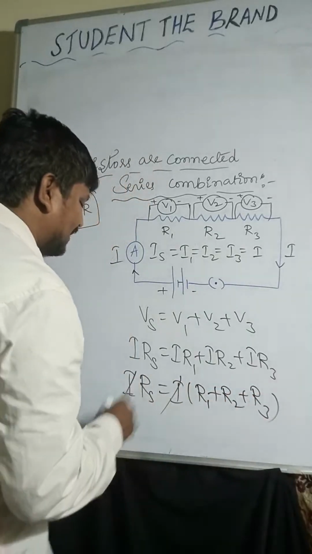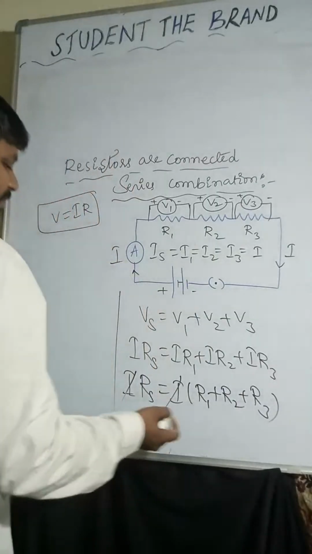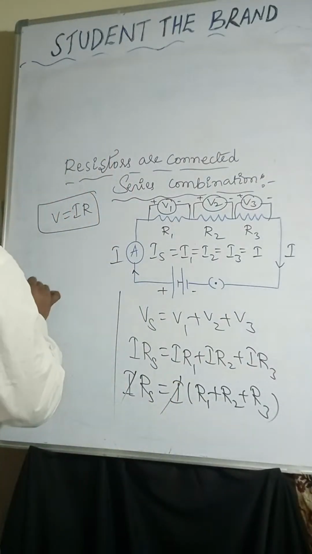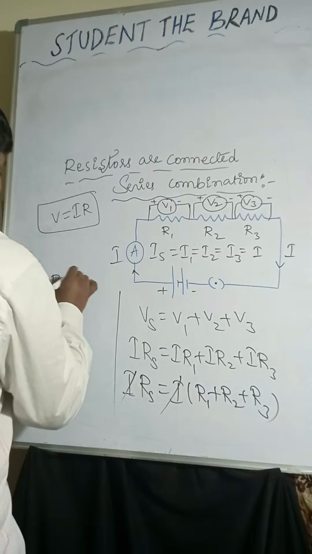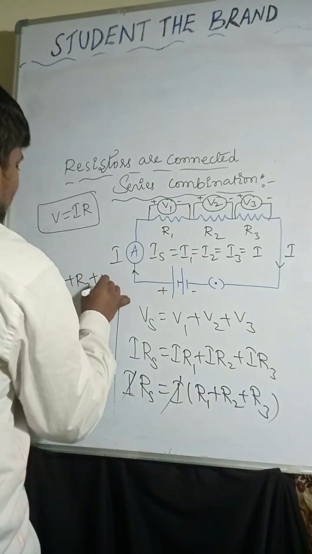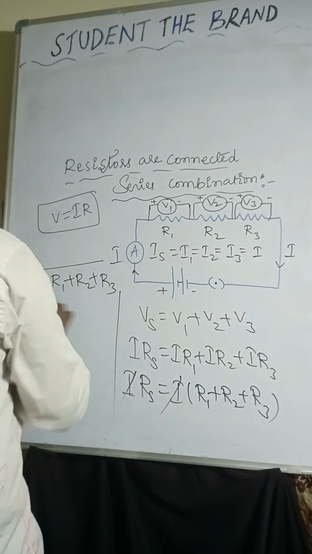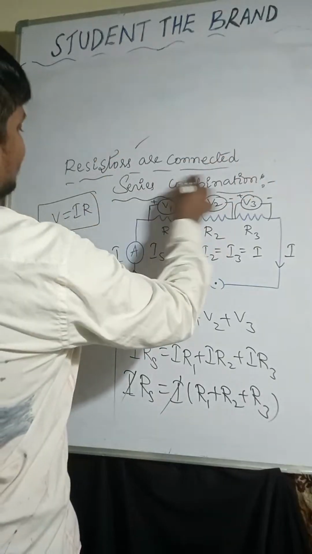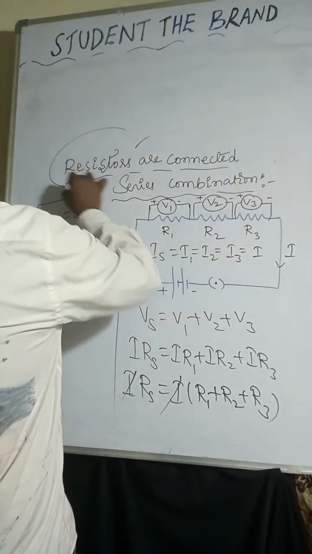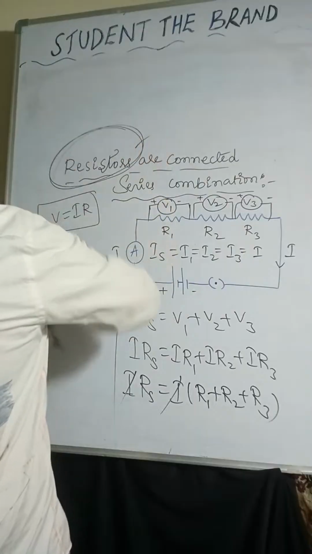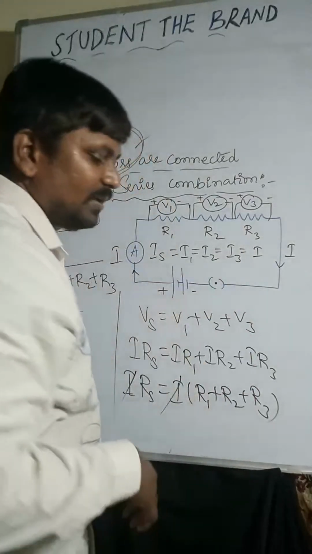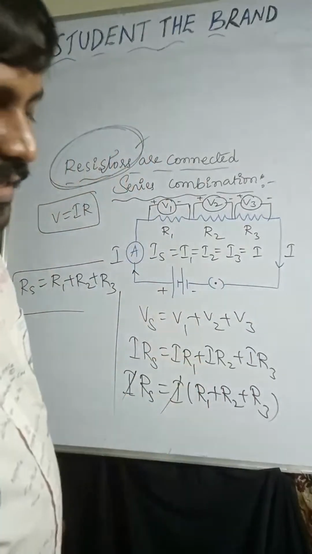So I can cancel it, since current is same. R S equal to R1 plus R2 plus R3. Our final motto is resistors connected in series combination; we are deriving the formula.